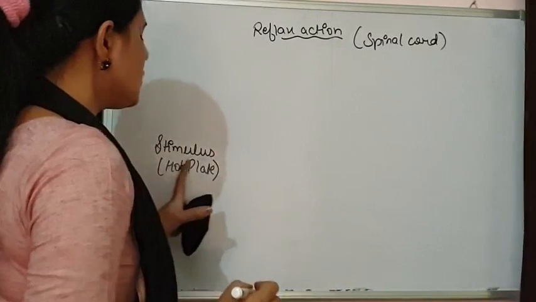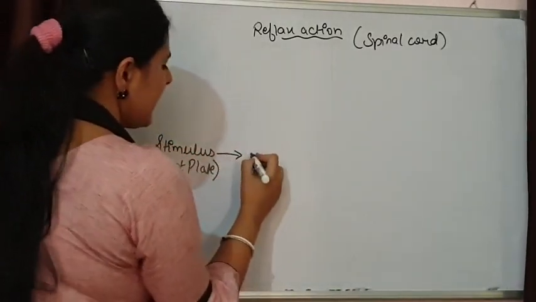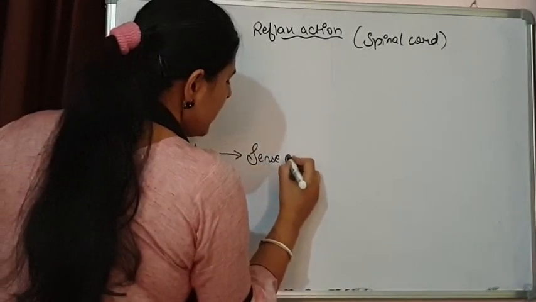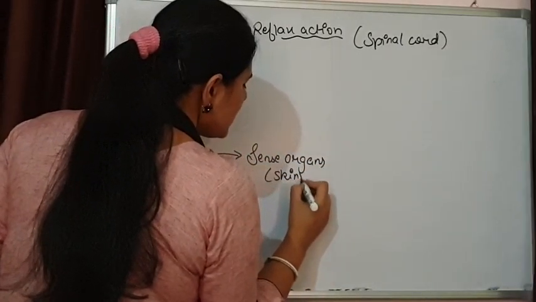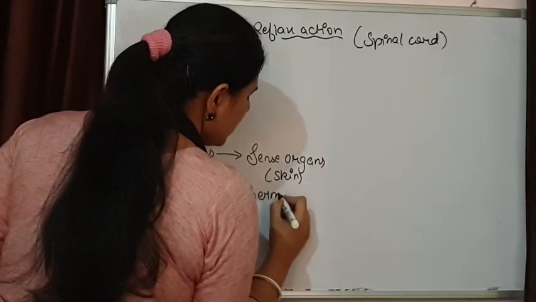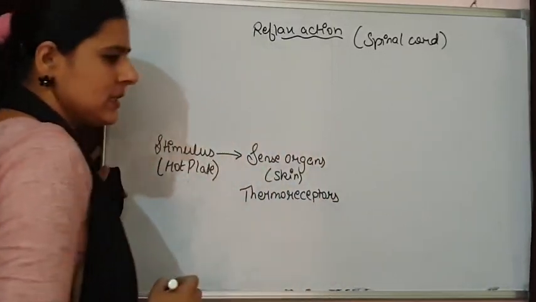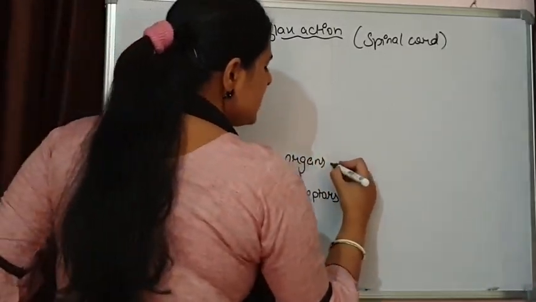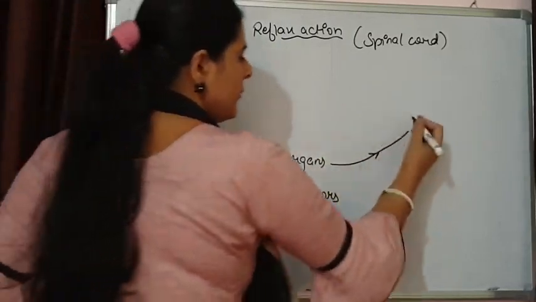That means the stimulus is hot. Now this stimulus is being carried by the sense organs of our body, say the skin, the thermoreceptors of the skin are going to receive this stimulus. From the sense organs, the sensory neurons are going to carry the information.